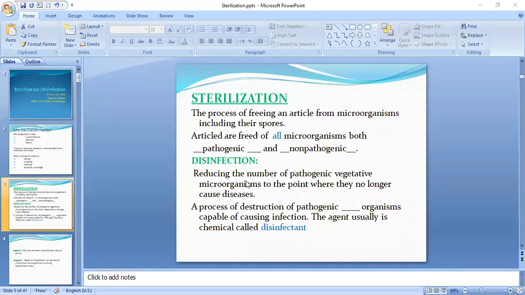In case of disinfection, we get rid of only the pathogenic vegetative microorganisms. The agent usually is a chemical called a disinfectant. So it is important to understand these two terms.